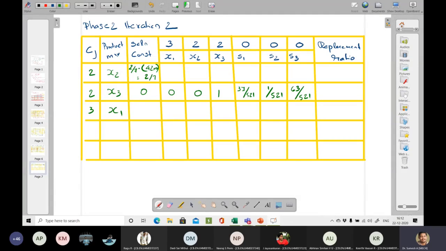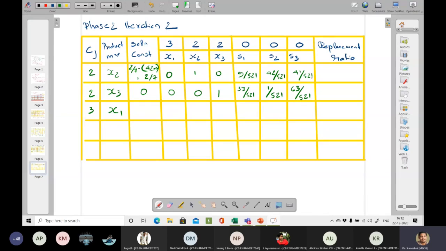Next is 0, next is 1, next again is 0, again 9 by 521, next is 42 by 521, next is 41 by 521.